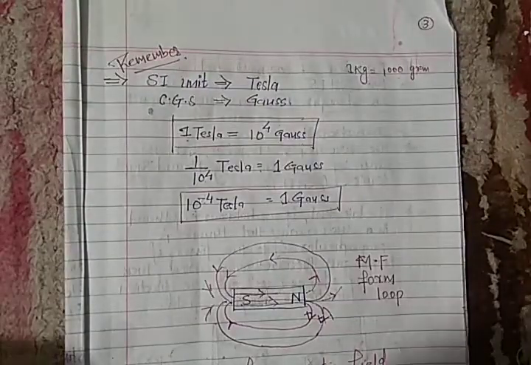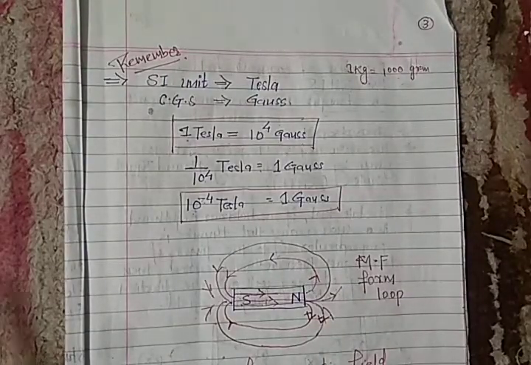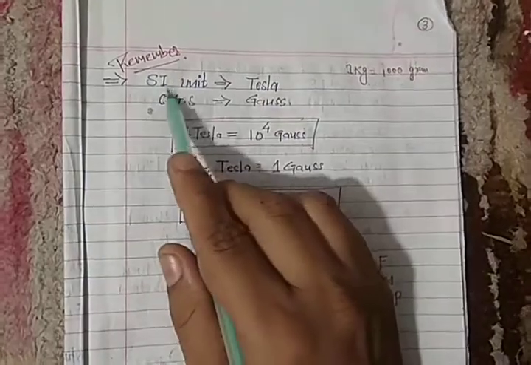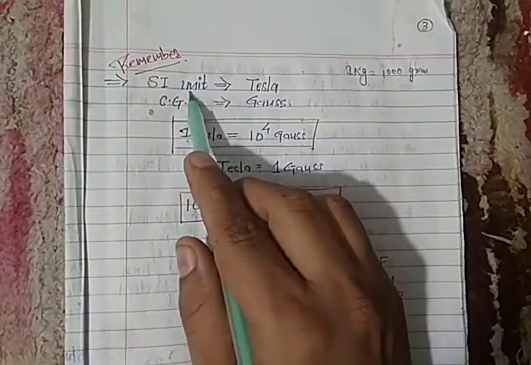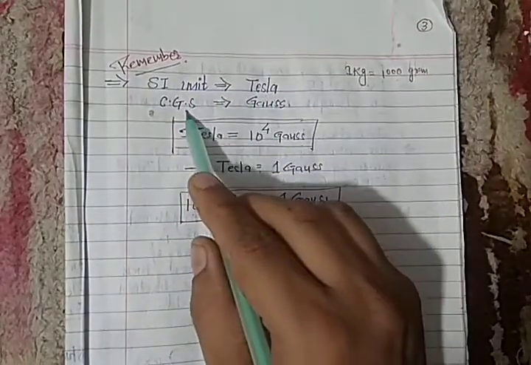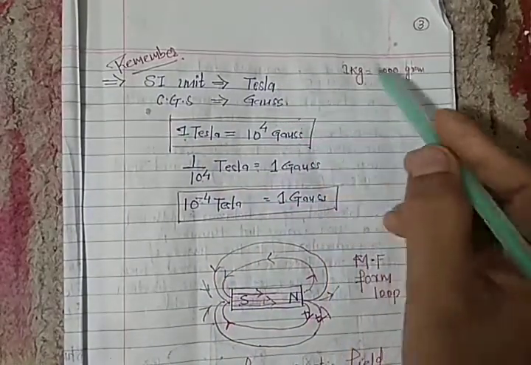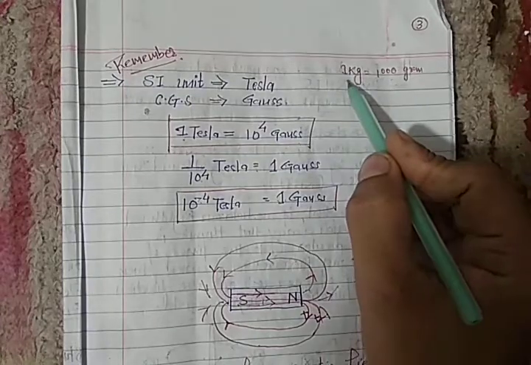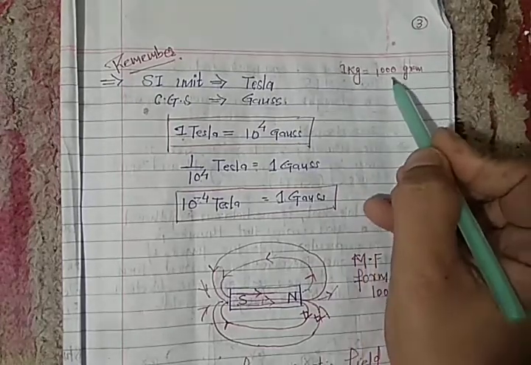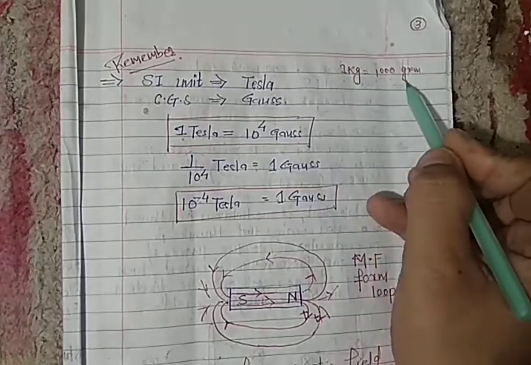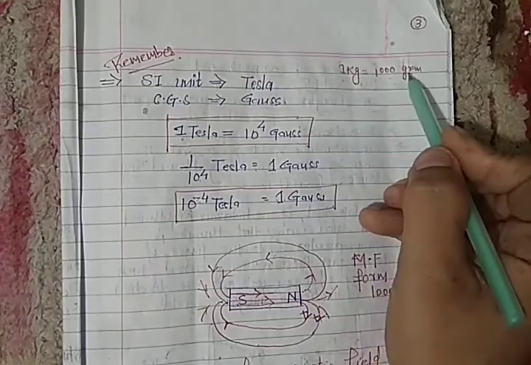Now if you understood this, let's take the SI unit of this. What is the SI unit of magnetic field? Tesla. In CGS, Gauss. We have a relation between Tesla and Gauss, just like 1 kilogram is equal to 1000 gram. It is a relation between kilogram and gram.